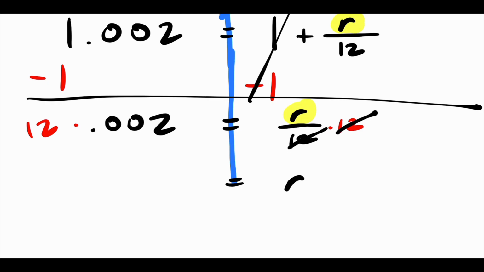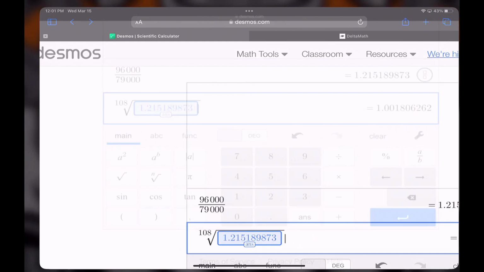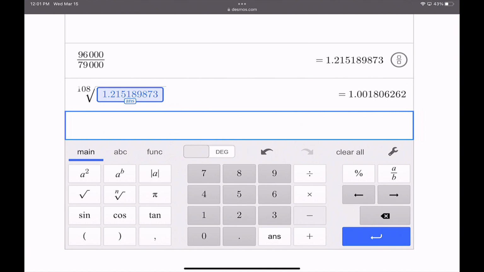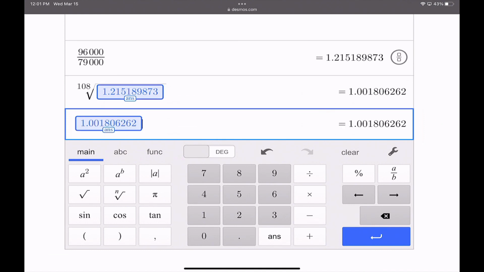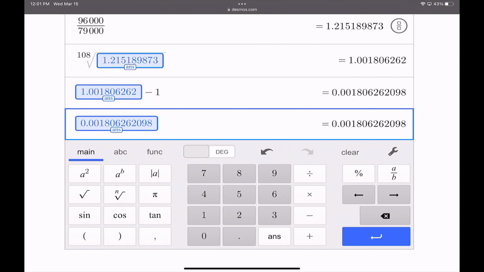Oops, wrong one. Nope. Let's see. So take that answer that I got, minus 1. Oops. Take that answer that I got, multiply it times 12.